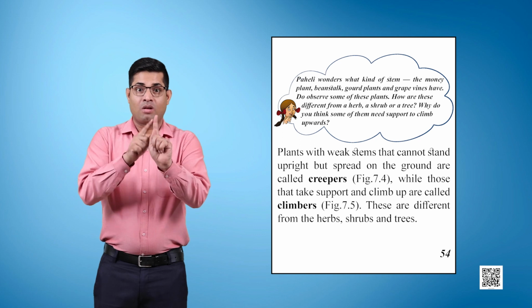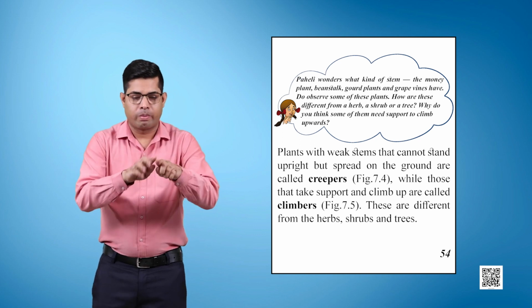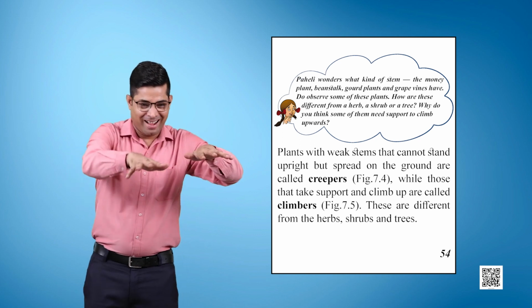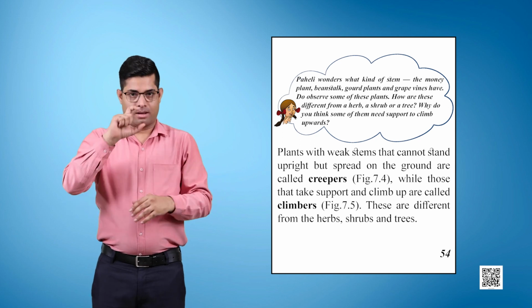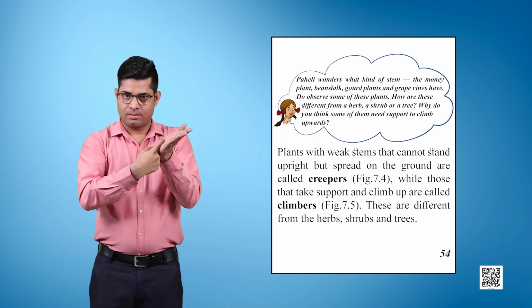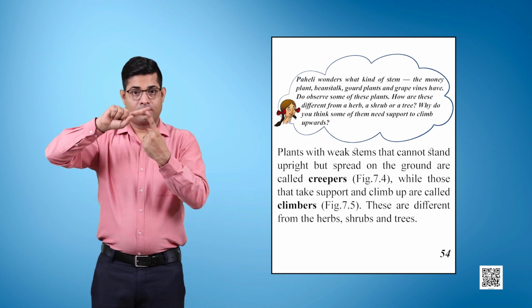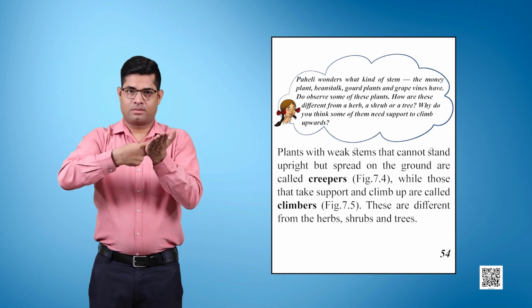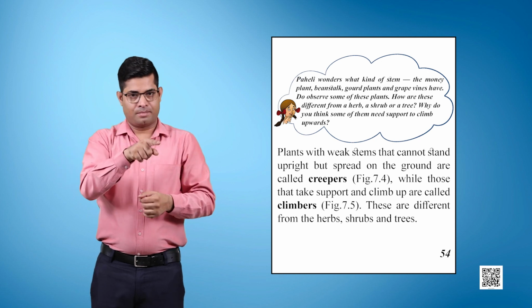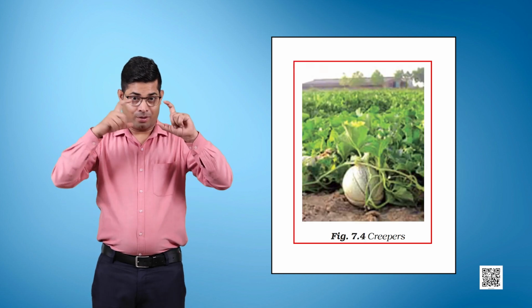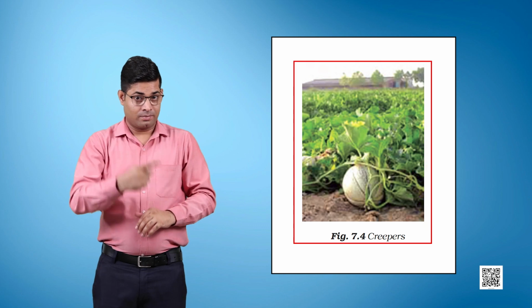Plants with weak stems that cannot stand upright but spread on the ground are called creepers. Figure 7.4.